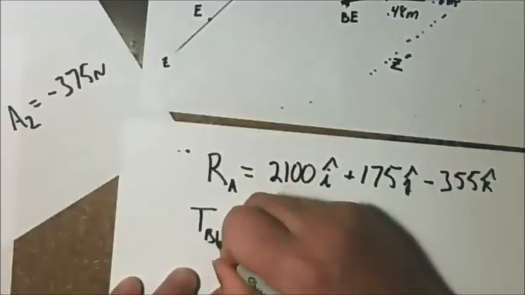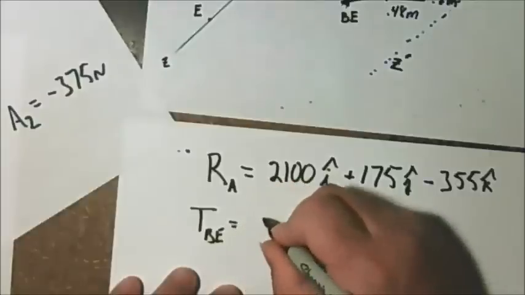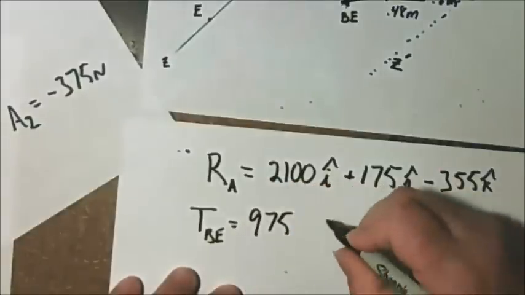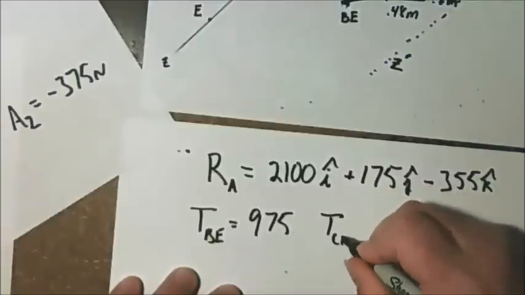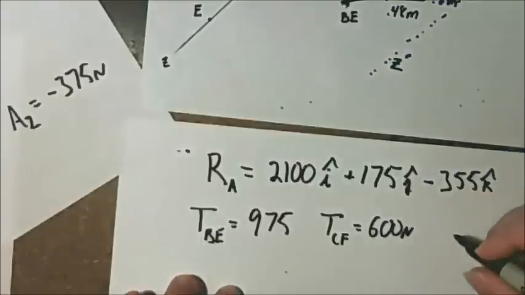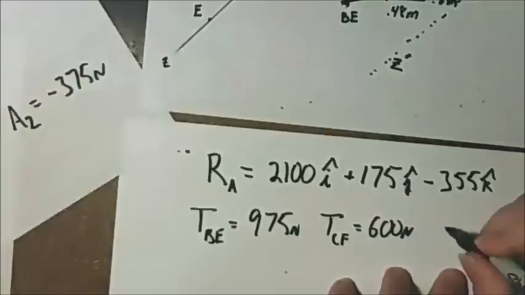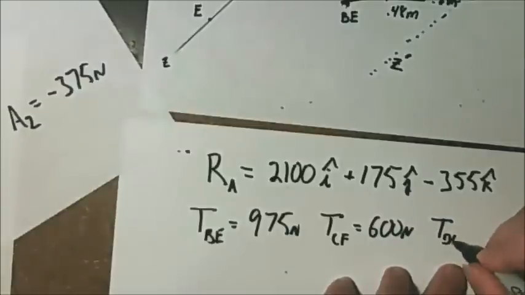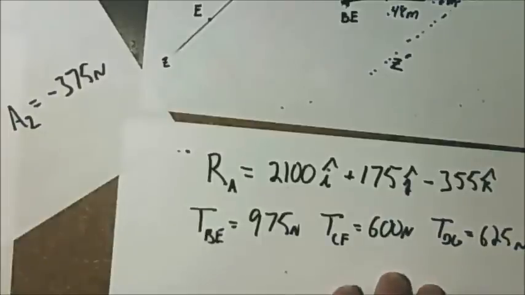The tension in BE was 975 newtons, the tension in CF was 600 newtons, and the tension in DG was 625 newtons.